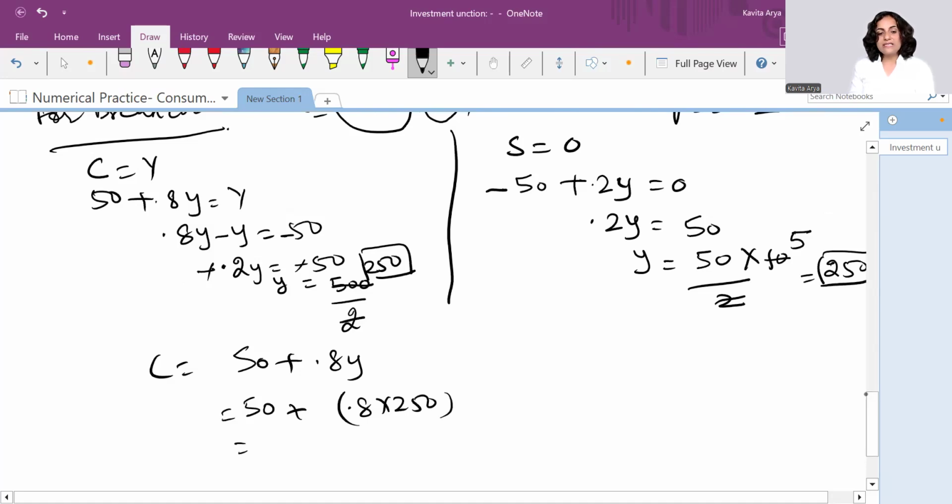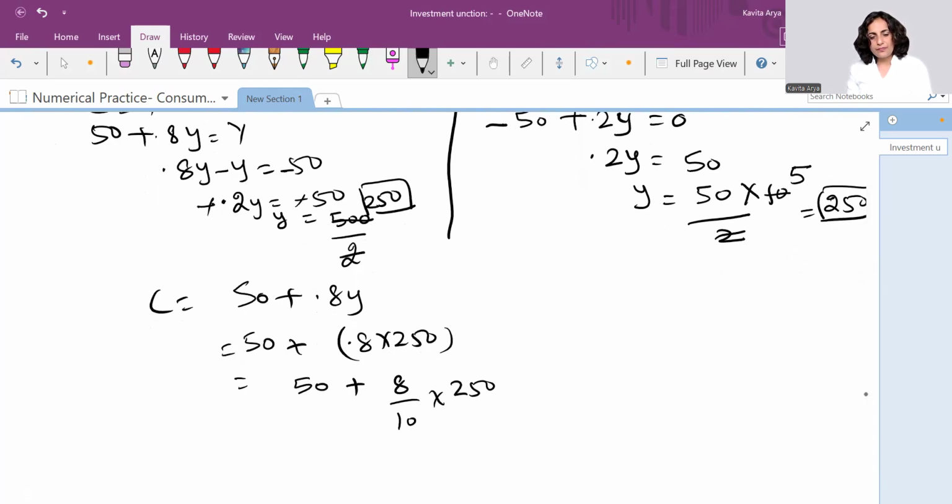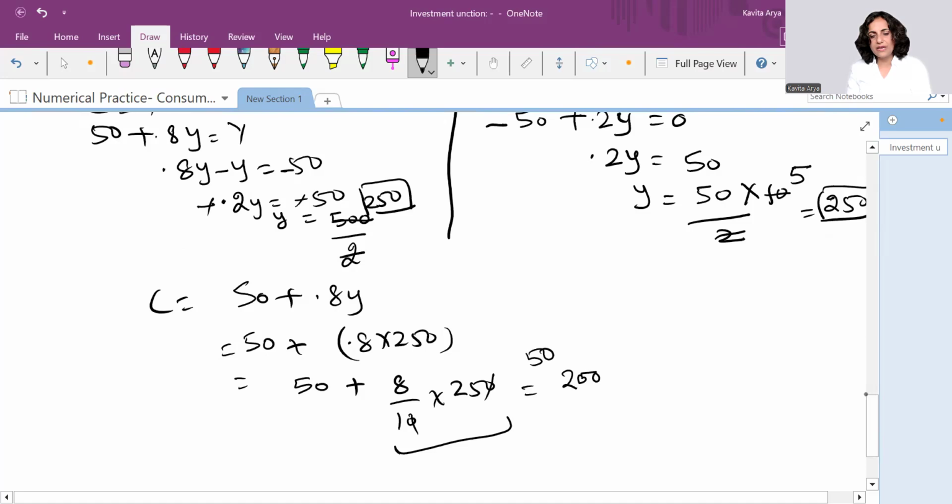So let us calculate it. This is 8 by 10 of 250, and that is 200. 200 plus 50 becomes 250. So 200 is this evaluation plus 50, and that gives me 250.